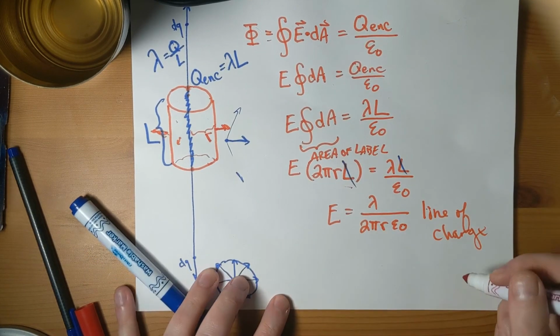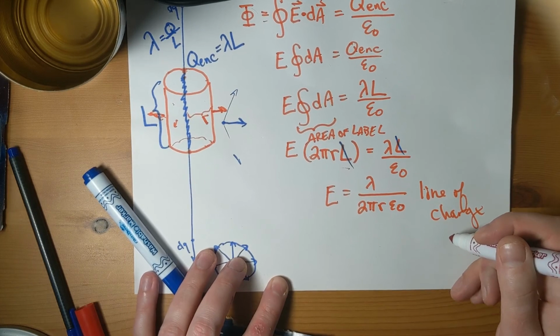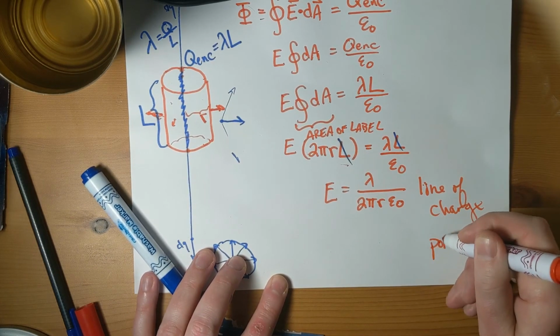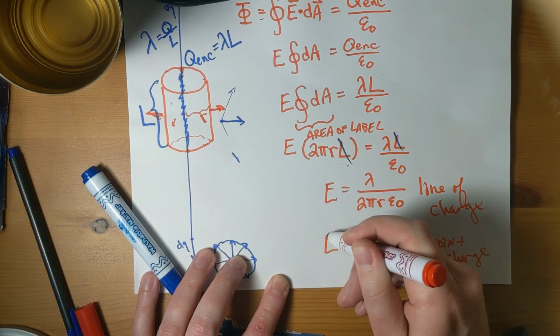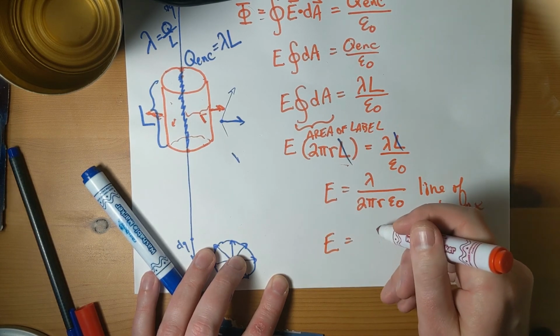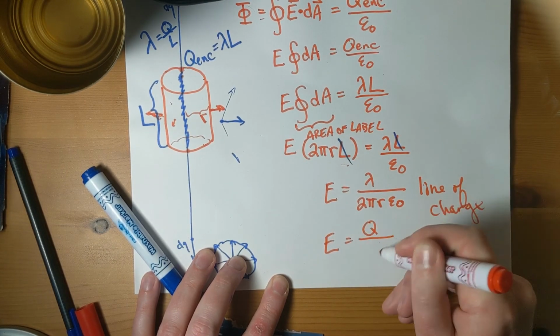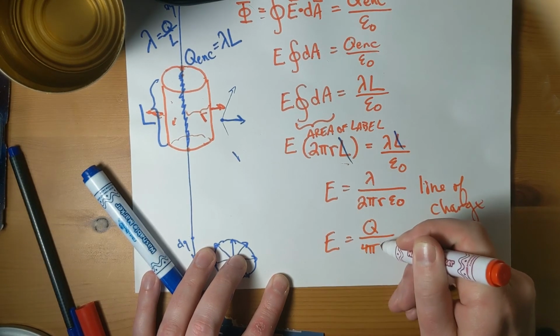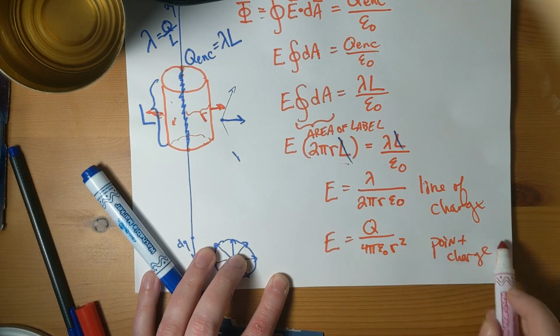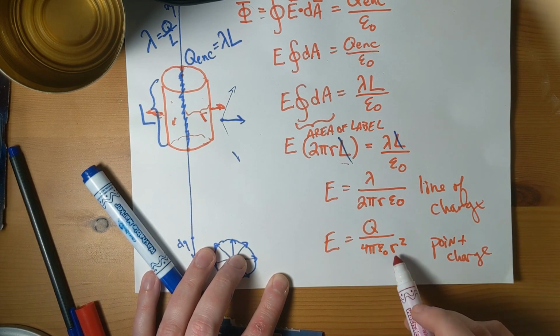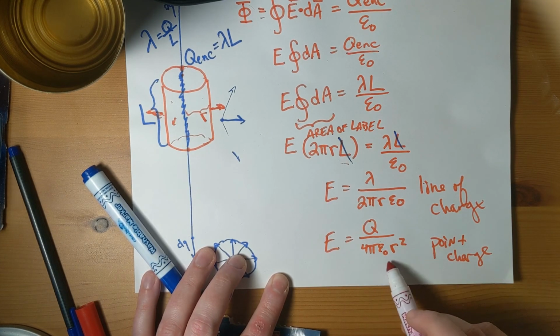Let's compare that to the electric field due to a point charge. We remember that that is the strength of that charge divided by 4 pi epsilon 0 r squared. So I see when I have a 0-dimensional point charge, it's proportional to 1 over r squared, r to the -2.